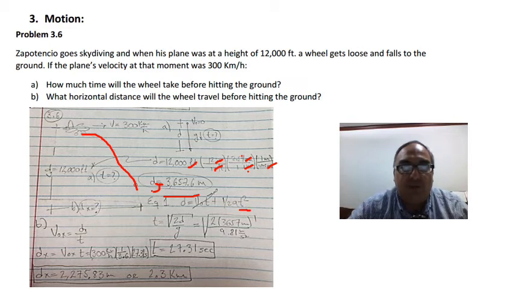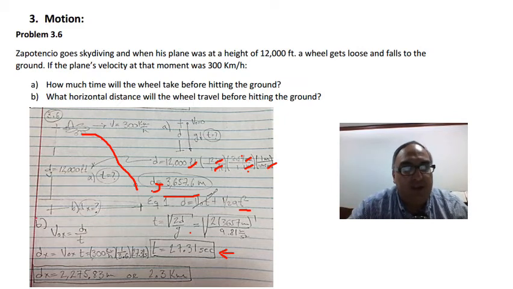So leave it alone, solve for that, and you will end up with 2 times d over the acceleration g. Plug in the numbers and you'll end up with 27.3. Why is it a lot of time, almost half a minute? Well, because it's at a very high altitude, that's why.